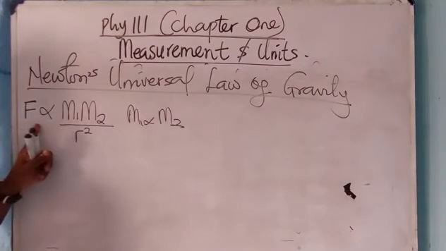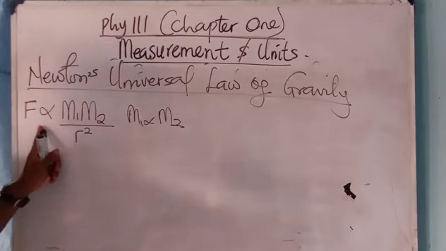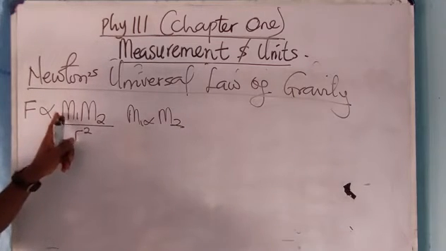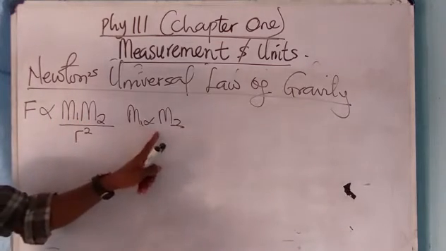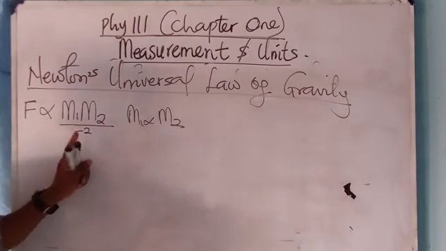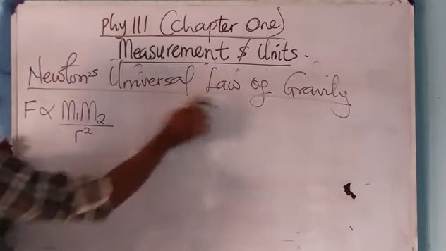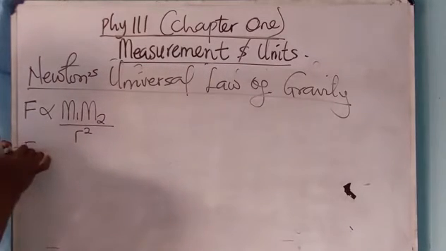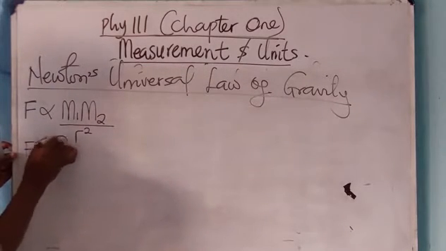You see, the force of attraction that joins two masses m1 and m2, which is their product, is inversely proportional to the square of the distance that separates them apart. So I have that F equals big letter G.